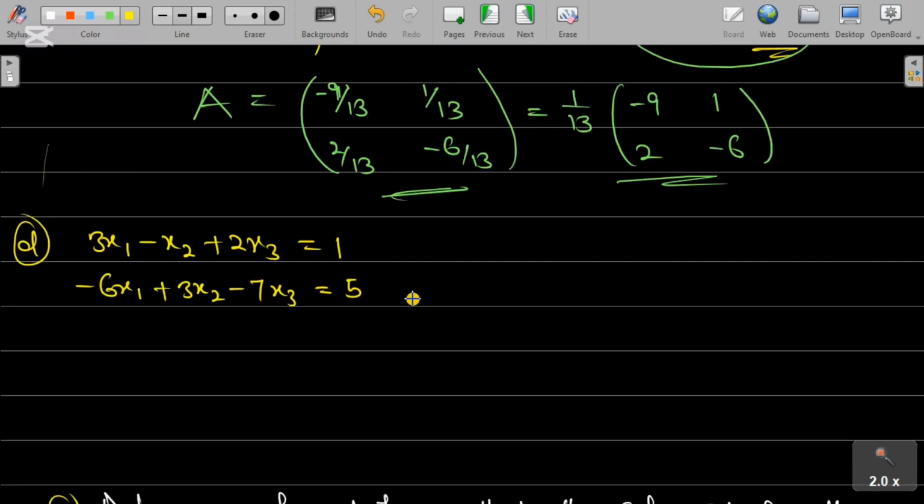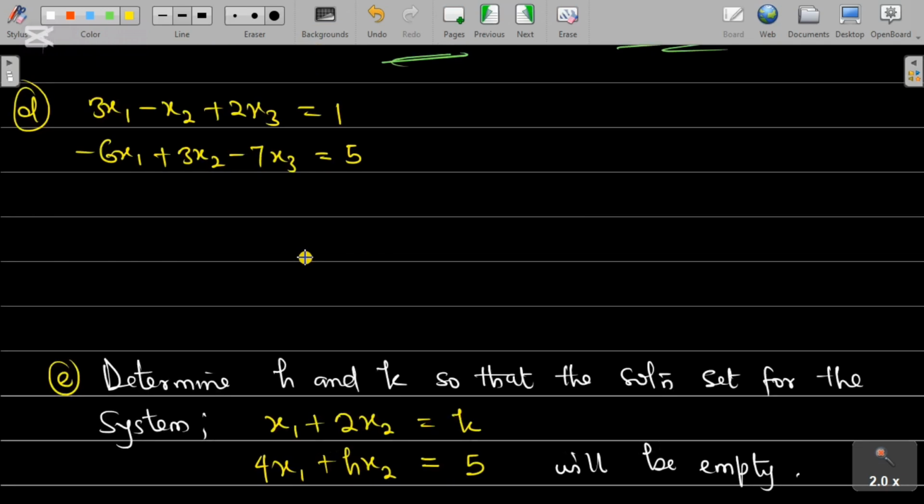And now, what is the meaning of a system being consistent? That means the system has a solution. So when a system is consistent, then it has a solution. And then how are we going to do that? Okay, so one way is to try to solve it and see if we are going to get a solution, right?